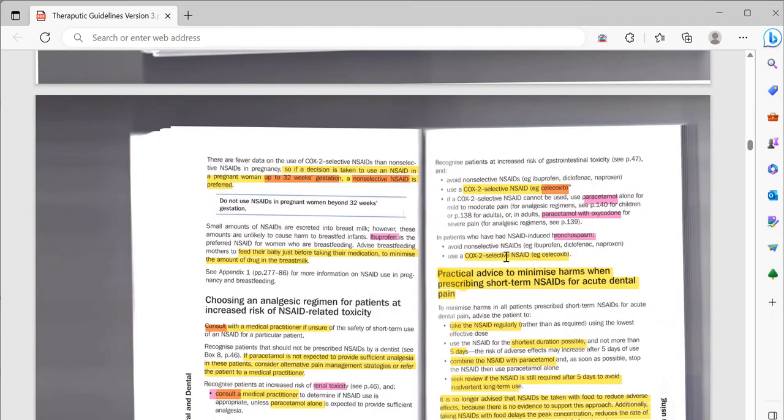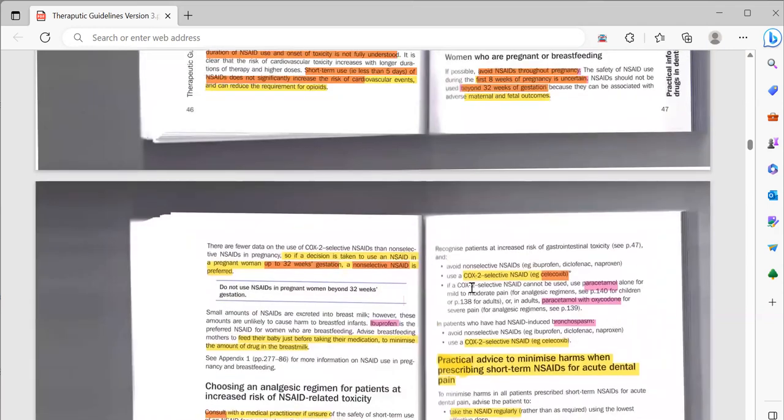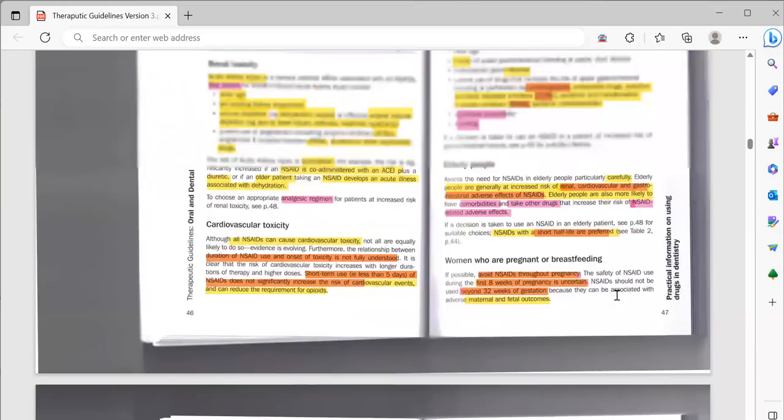You can only give them COX-2 selective, which means celecoxib. So for both of them, the GIT toxicity patient and the bronchospasm patient, you can prescribe only celecoxib. And otherwise, paracetamol for mild to moderate pain, and for severe pain, paracetamol plus oxycodone.